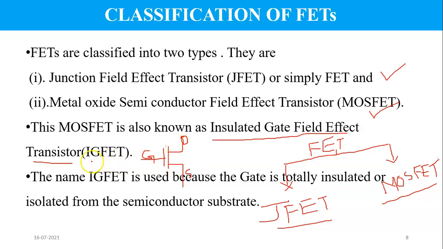That's why it is called insulated gate field effect transistor. It is a better variant than your JFET, which we will come across in the coming videos. So FETs are normally classified into two types: one is your JFET, the other is your MOSFET, meaning metal oxide semiconductor field effect transistor.